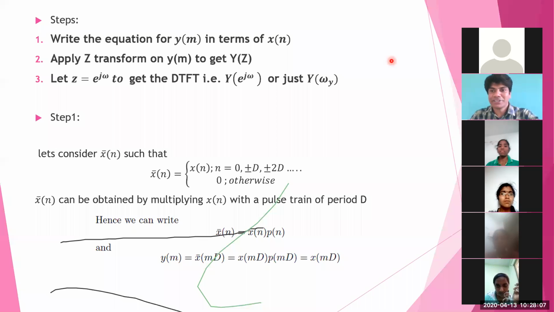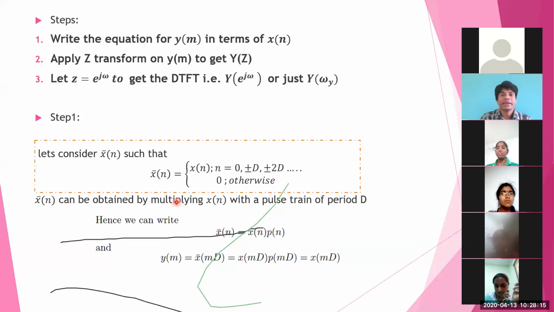Now, the first step, as I said, is basically getting the y of m from x of n. Just now I told you what the decimation process is in time domain. It's about retaining integer multiples of D samples.